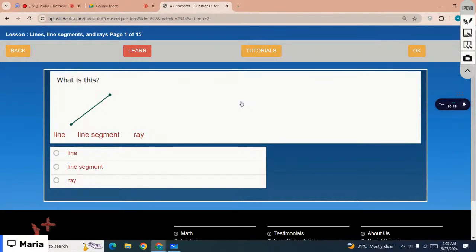What is this, line, line segment, or ray? Which is the correct option? That is a line segment. The correct option is line segment.